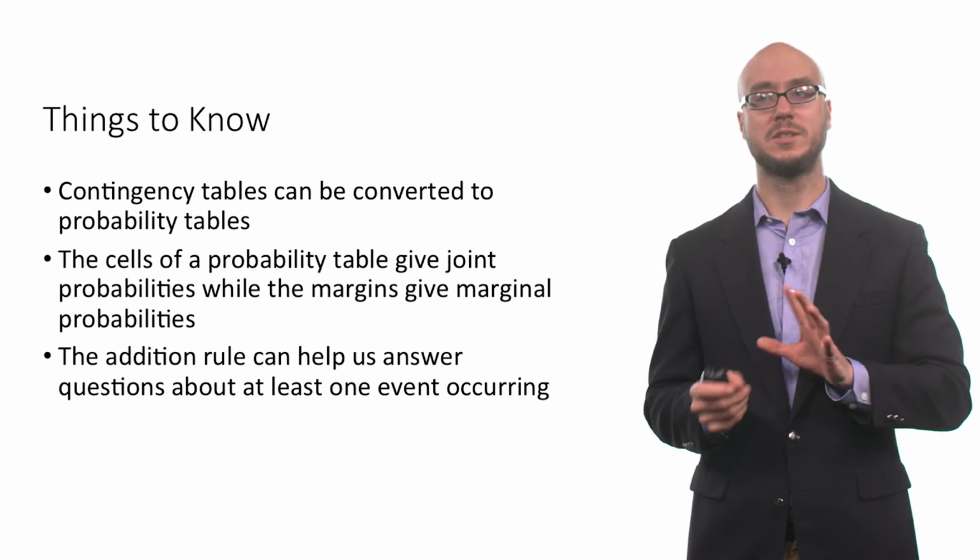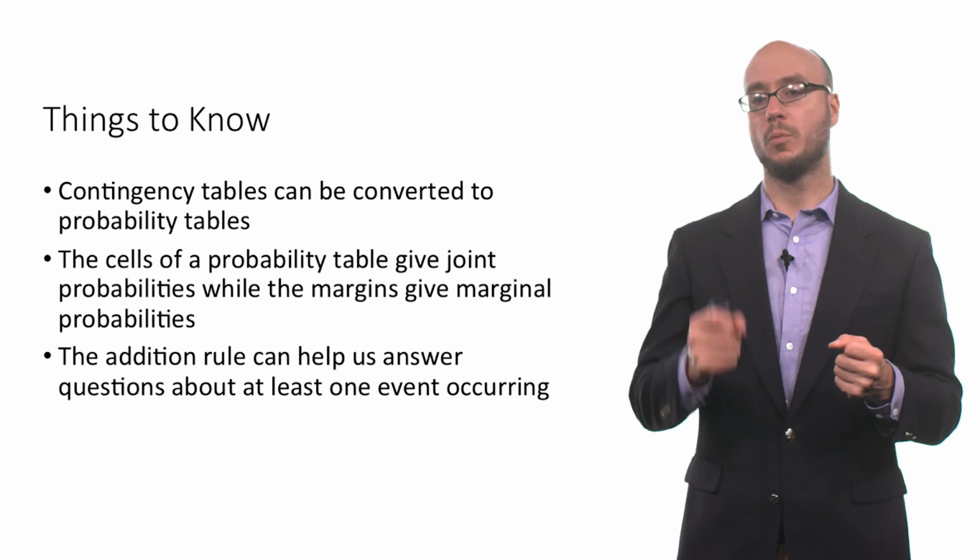To put it another way, what's the probability of A or B or both occurring? So with that, we've really begun our foray into the addition rule and working with probabilities.